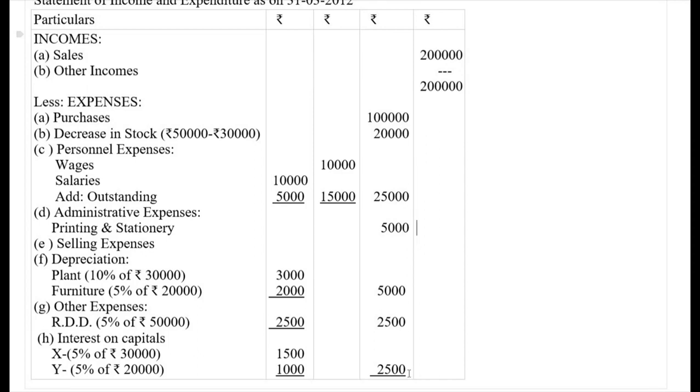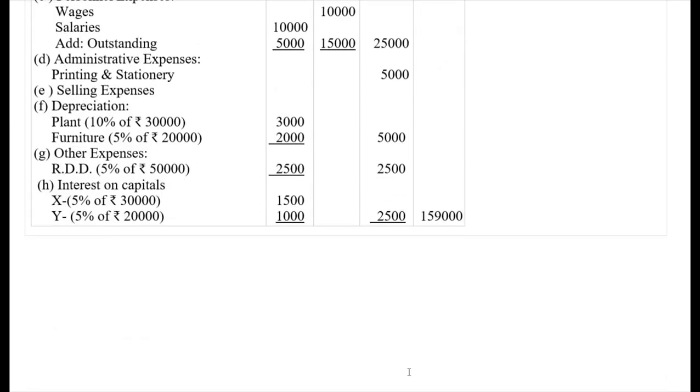So now we should take the sum of rupees 1 lakh plus 20,000 plus 25,000 plus 5,000 plus 5,000 plus 2,500 plus 2,500, which comes to rupees 1,59,000 here. Then when we subtract here, the difference is profit before tax. So the profit before tax comes to rupees 41,000 here.